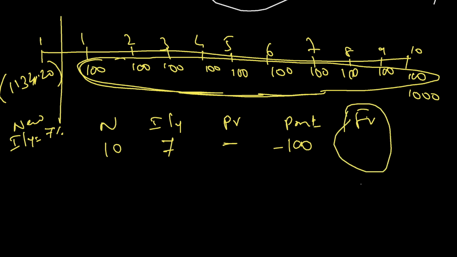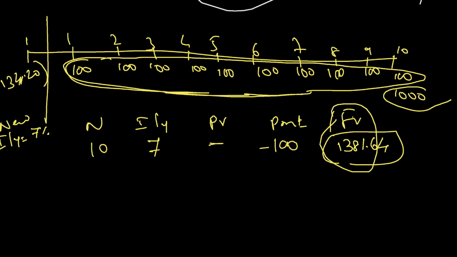So compute future value. 10 N, 7 IY, minus 100 payment. Compute future value. I get here 1381.64. So this is the future value, and also I will have 1000 with me.